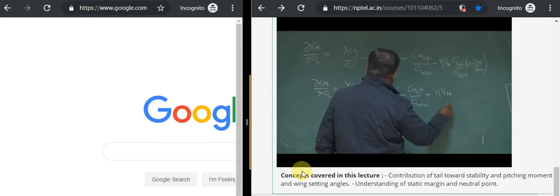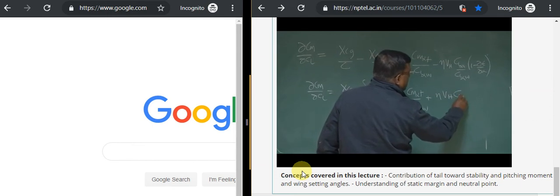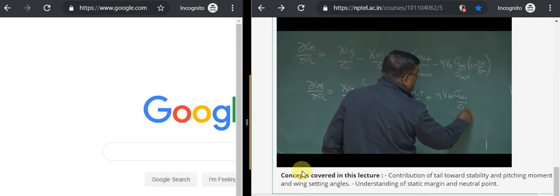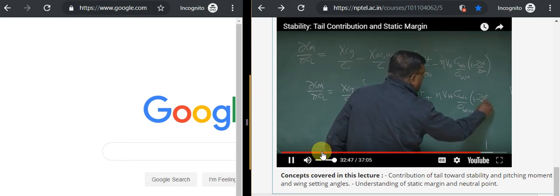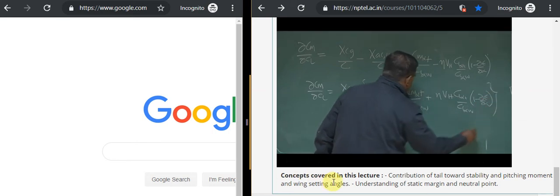What is this term? This is nothing but the stability margin, x neutral point by C.